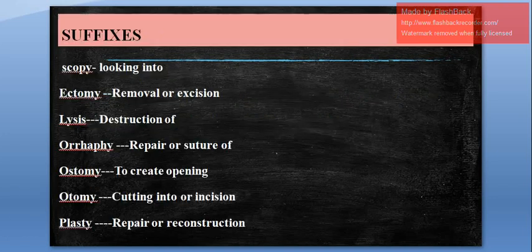Now moving on to certain suffixes. These suffixes will be there continuously in all types of surgeries, so you should know them. For example, scopy. Scopy means looking into. We have got different types of scopies, like retinoscopy.